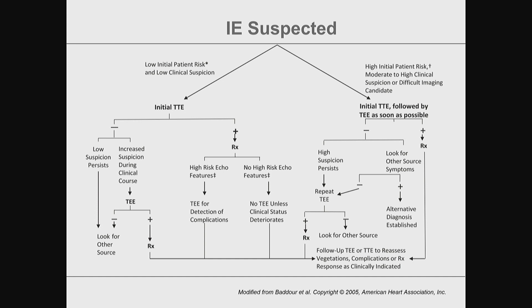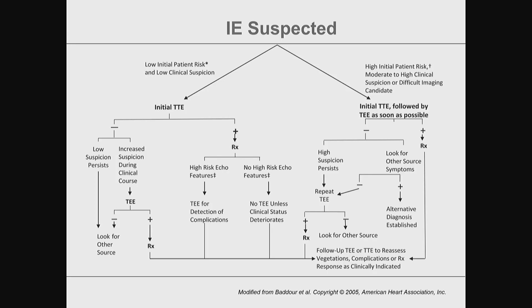If the transthoracic echo did not show any valvular or mobile echo densities seen on the valves, but you still had increased suspicion during the clinical course, that would then press you to want to get a transesophageal echo. If that were then positive, then you would go ahead and treat. If the initial transthoracic echo is positive, then you go ahead and treat at that point.